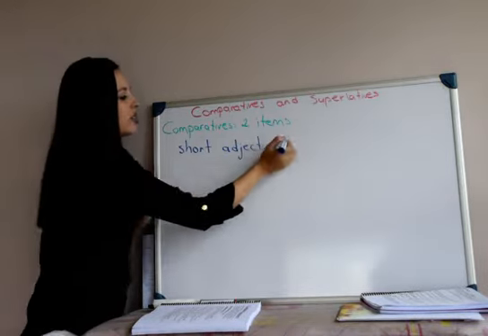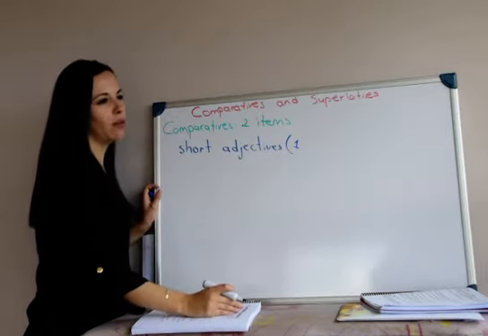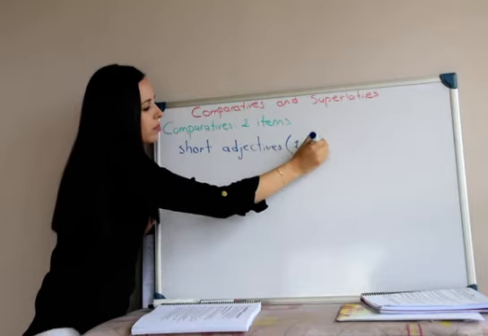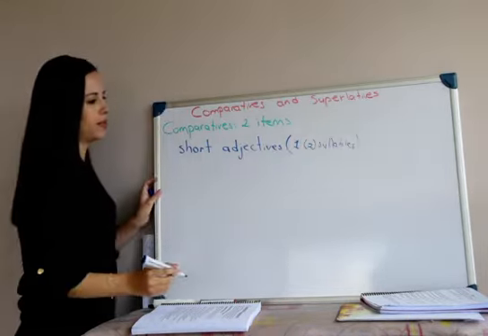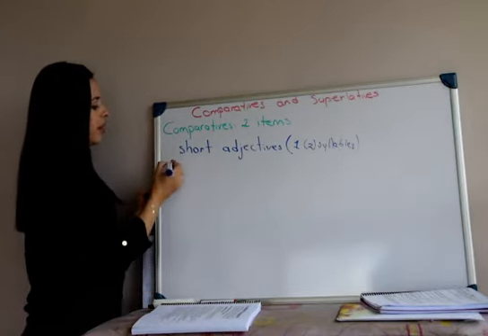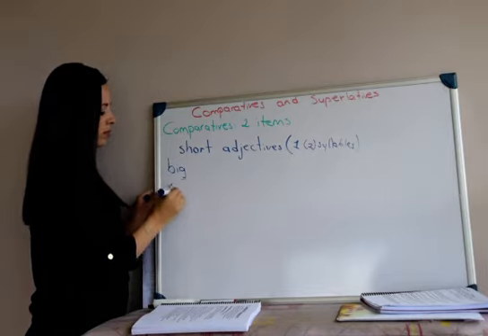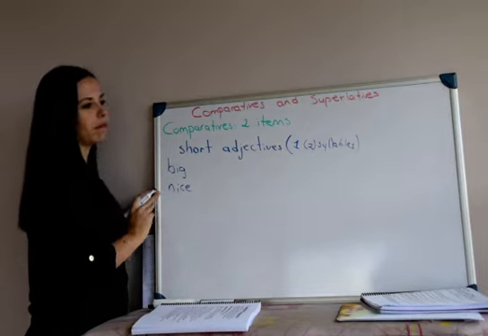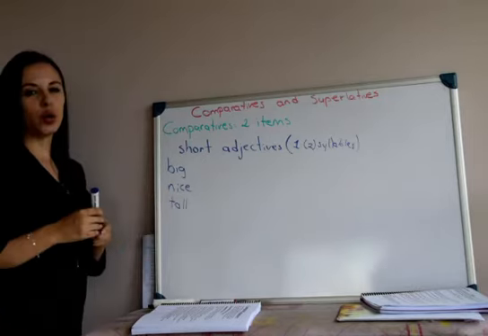A short adjective is an adjective with one syllable, but there are some that are also one, maximum two syllables. Okay? For example, big, nice, tall. Okay, those are short adjectives.